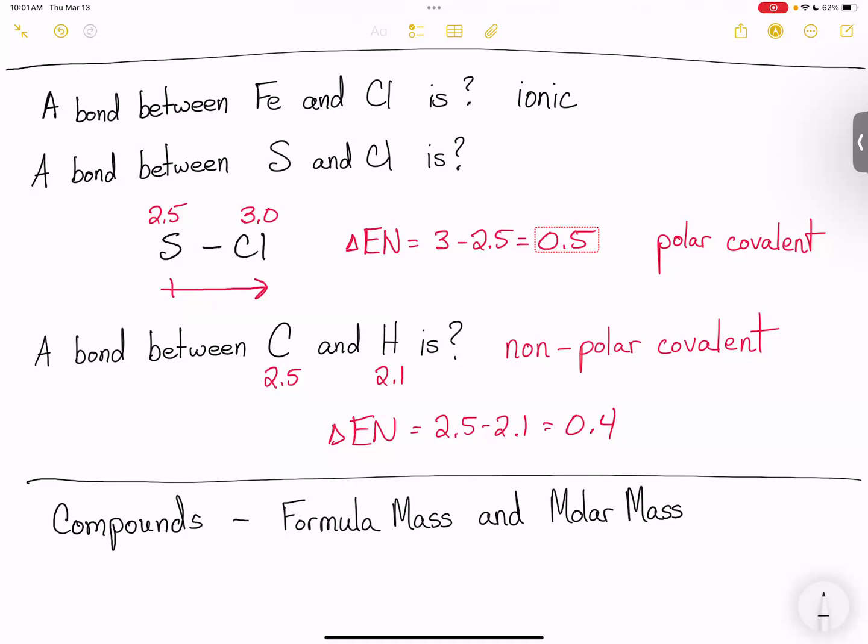Any questions so far today? Starting now, a calculator is a must.